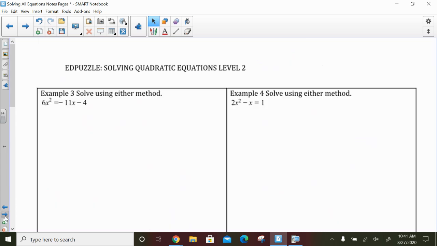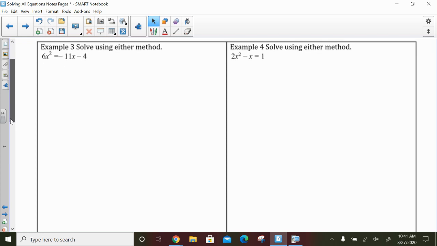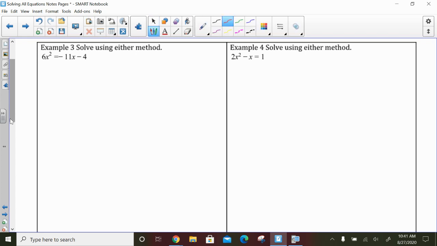Okay, let's take a look at another example. So I have 6x squared minus 11x minus 4. That is not equal to 0. The first thing I want to do, I want to keep my x squared value positive at all times when I'm factoring.